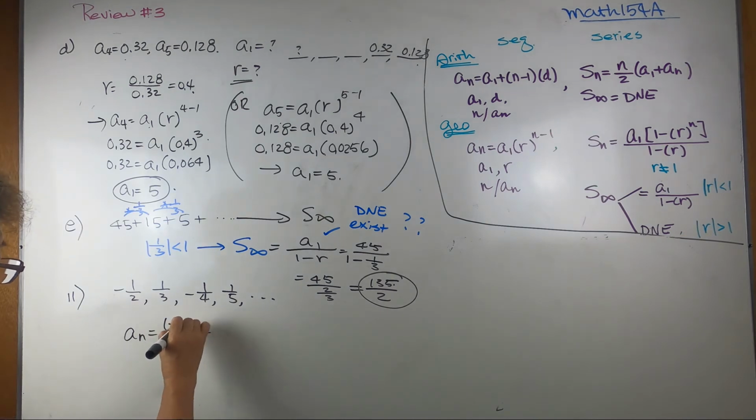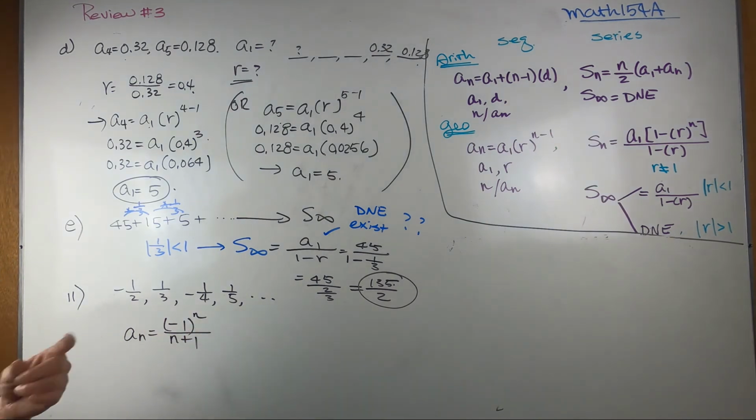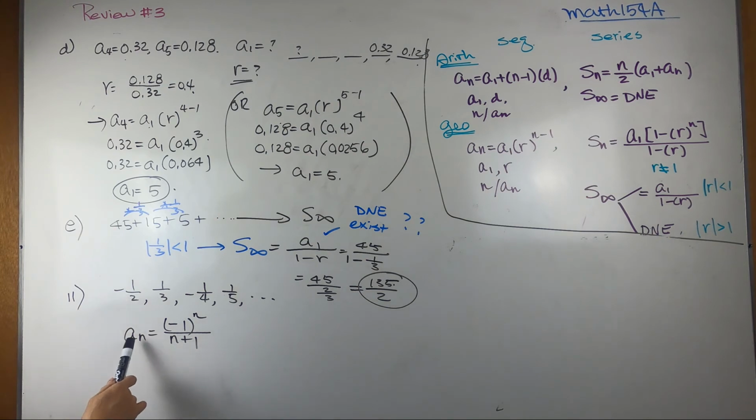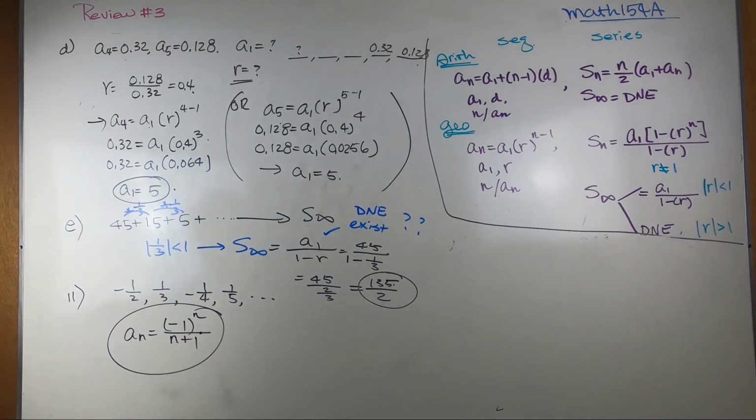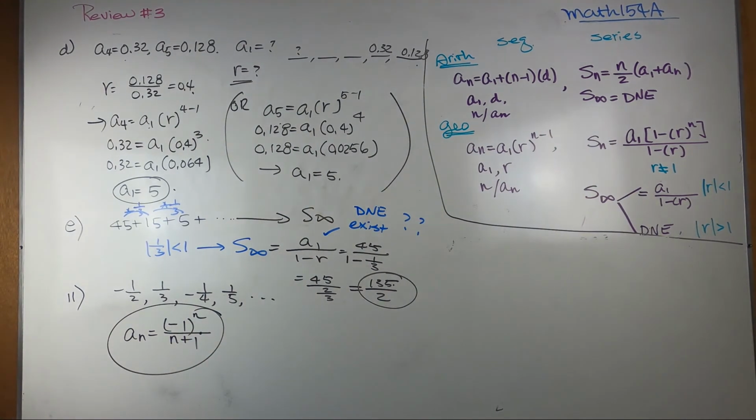So it started from here, -1 to the nth power. Odd power will be negative, even power will be positive. Will that work? That's all you need to do. It's not that obvious, but you should be able to handle it, right?